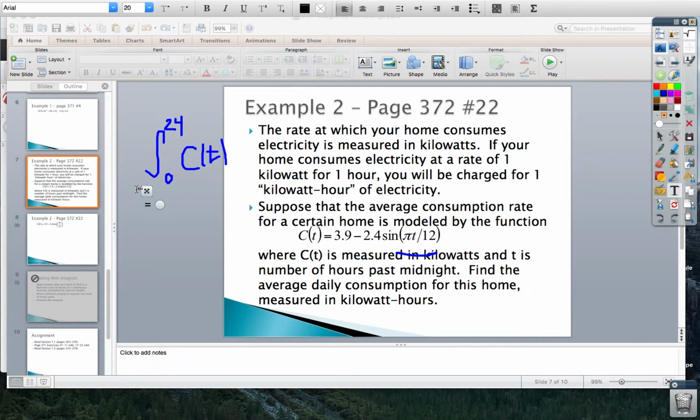And when you do that, your answer turns out to be 93.6 kilowatt hours. Because they said an average daily, 93.6 kilowatt hours per day.